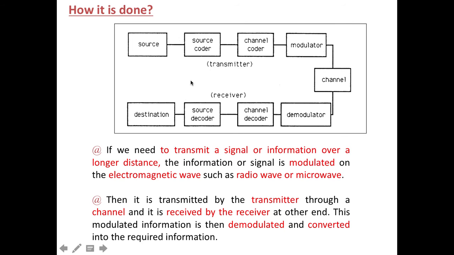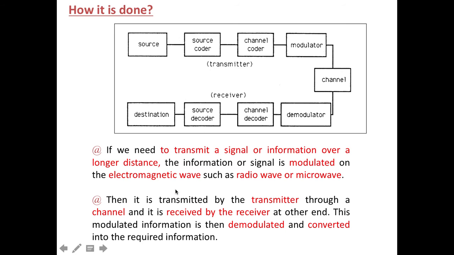How is it done? Source to source coder, to channel coder, modulator, then the carrier guide, then demodulator, channel decoder, source decoder, and destination. So if we need to transmit a signal or information over a longer distance, the information or signal is modulated on electromagnetic waves such as radio waves or microwaves.